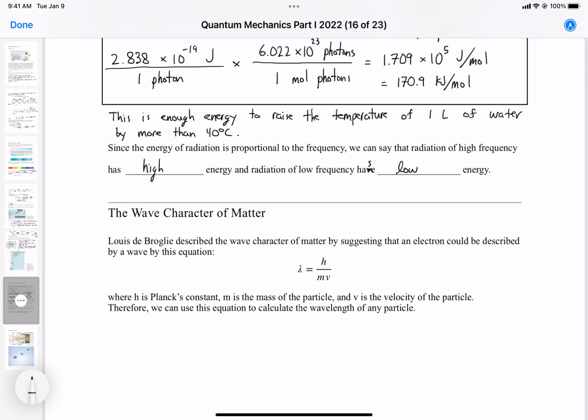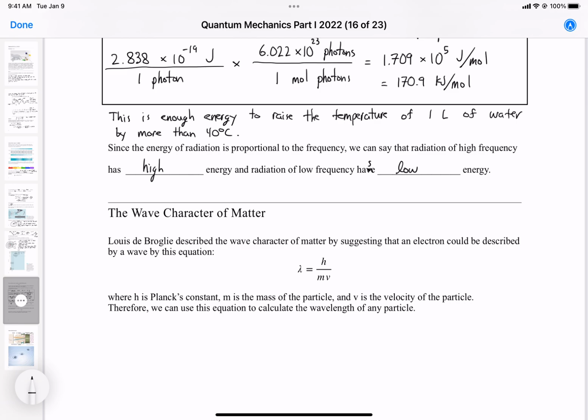So if we have a really massive object, our wavelength is going to be really large in a sense.